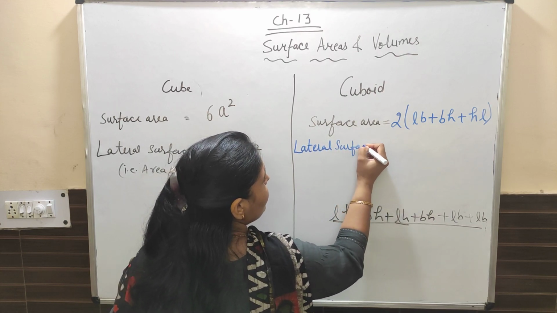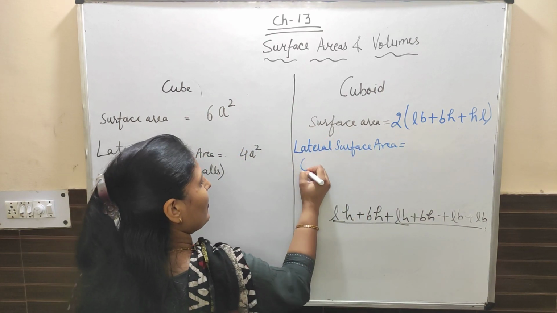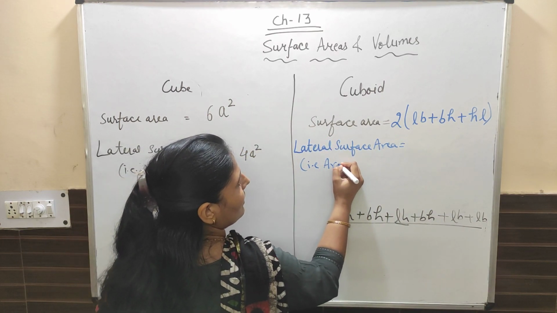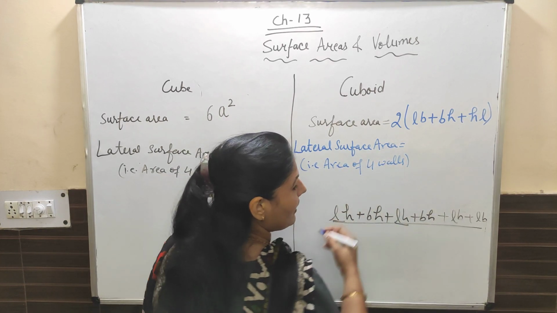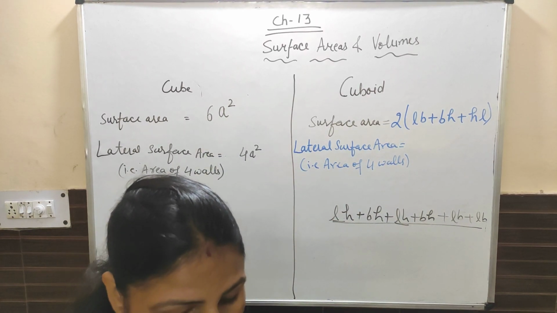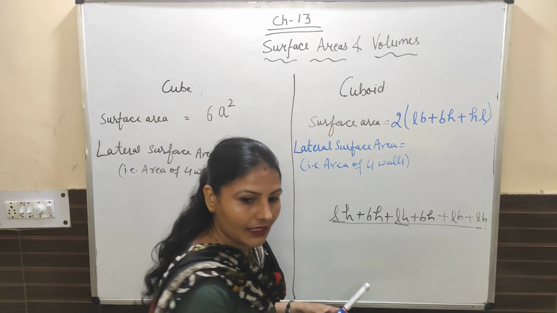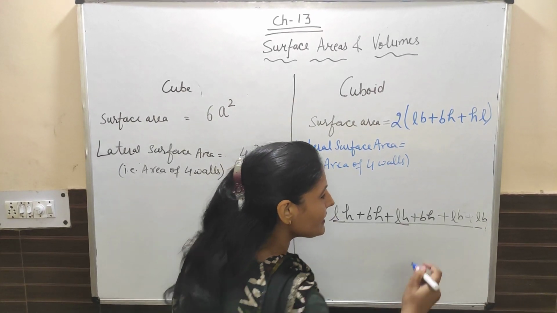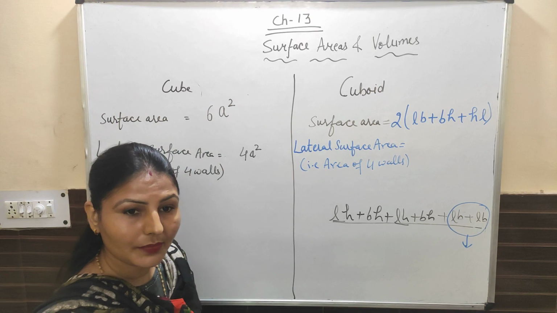Lateral surface area means again the area of 4 walls. We have discussed that the area of top and bottom will be LB and LB. These are the area of top and bottom of the cuboid.